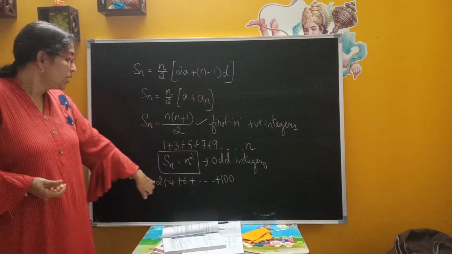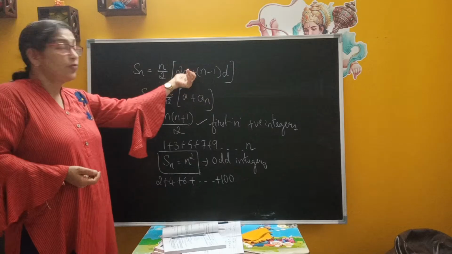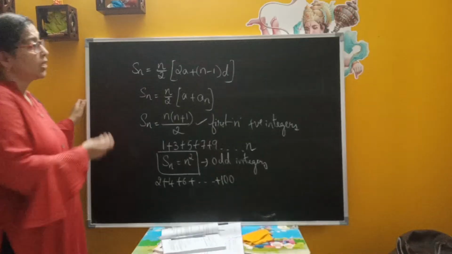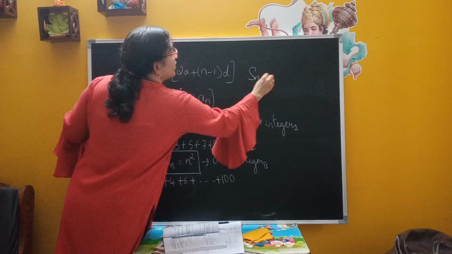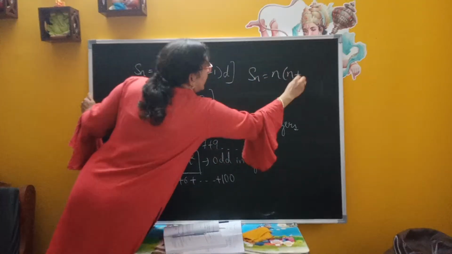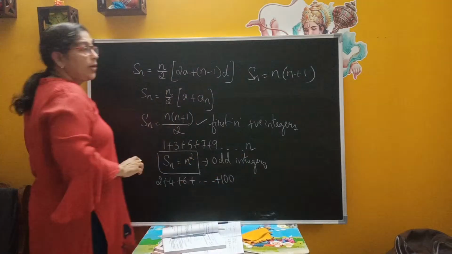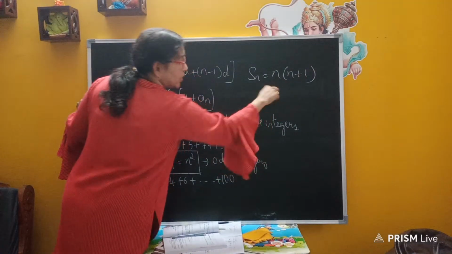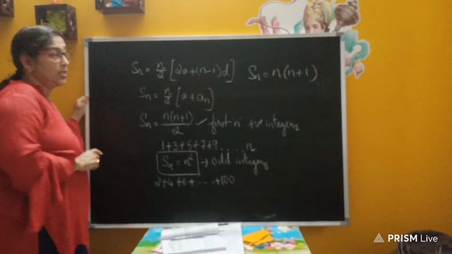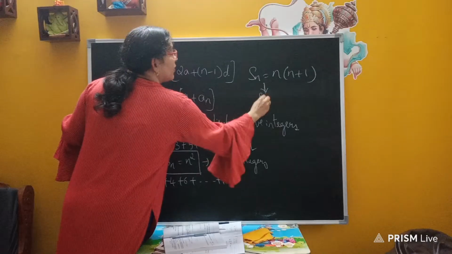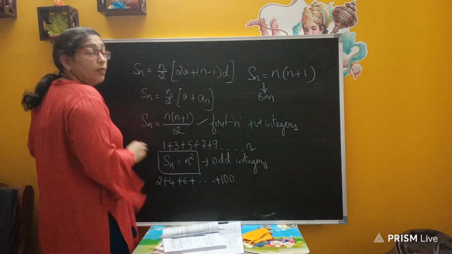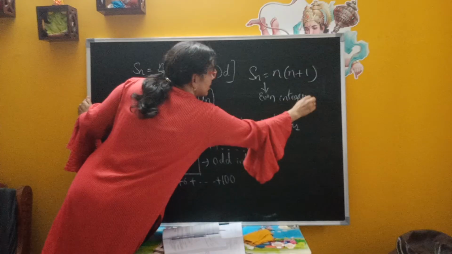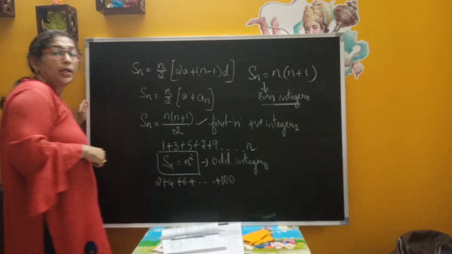So here, instead of using the first formula and finding a and d, we can use the formula Sn is equal to n into n plus 1, that is n square plus n, or n into n plus 1. This is for even, first n even positive integers. So these are the simple formulas we can use to find the sum.